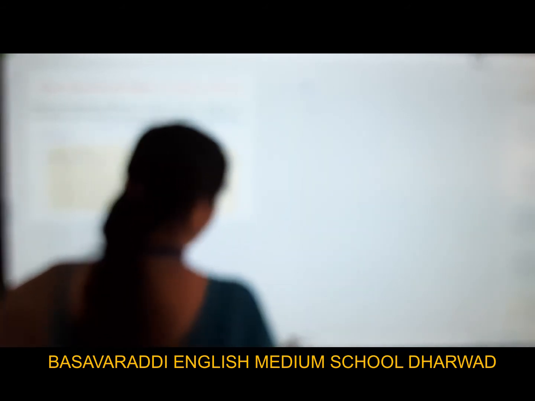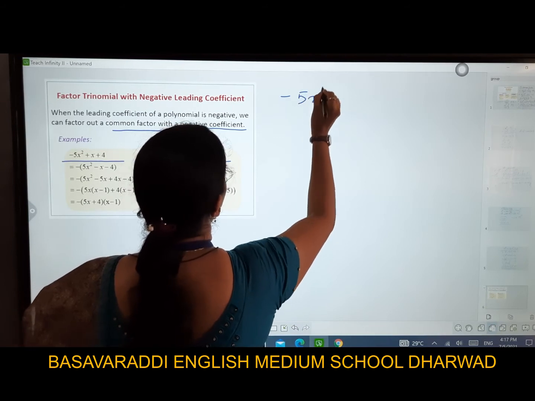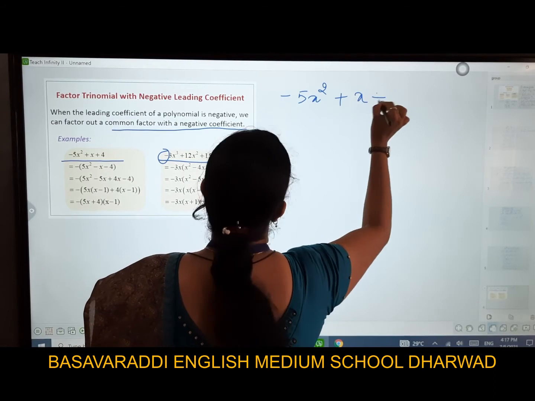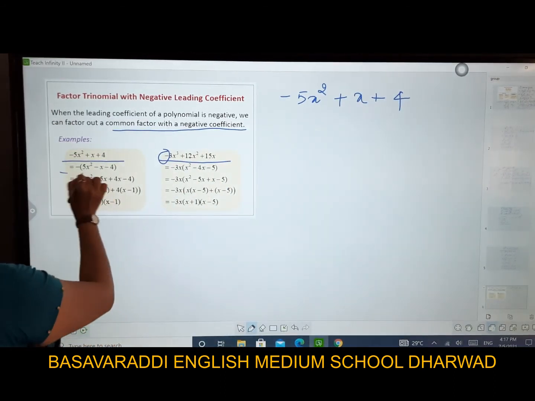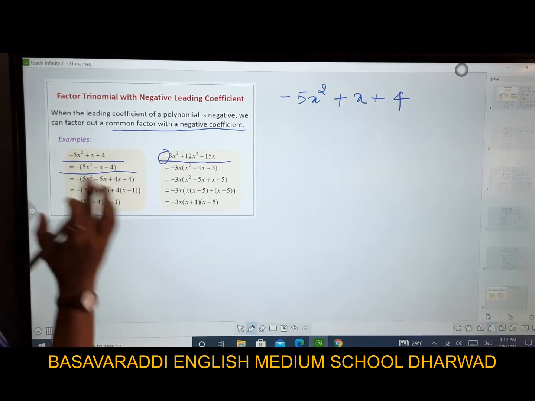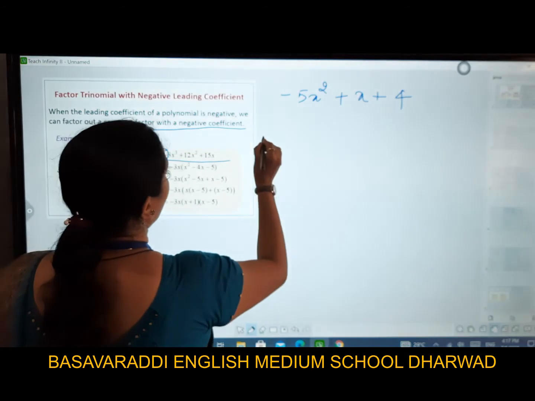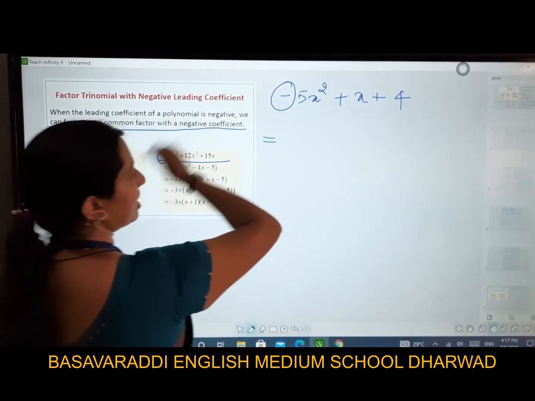Minus 5x square plus x plus 4. Yes, now the first step that they have done here is they have taken the negative sign outside. It means the first step is to take the complete negative sign outside.